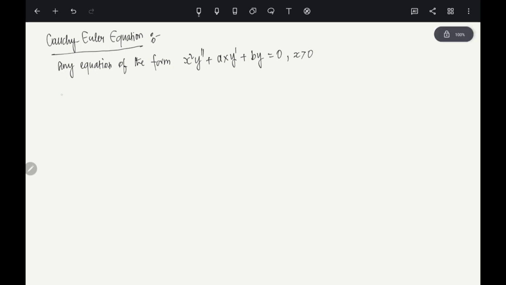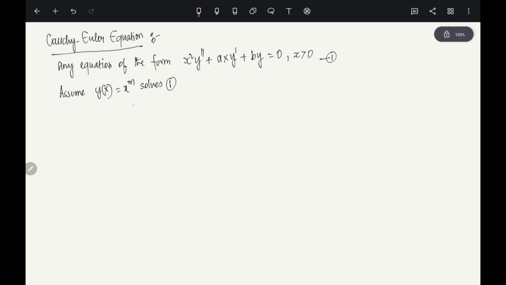Let's assume y(x) to be x power m, which solves equation 1.